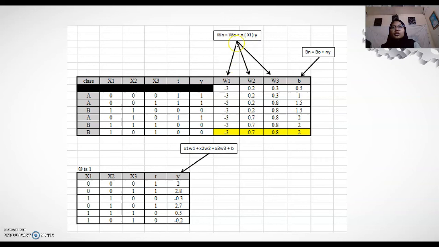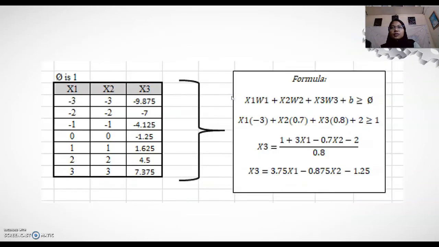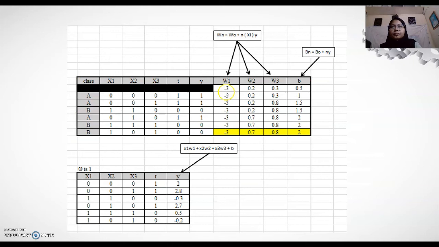The value of W old is the value from the upper row. Since this is the column for W1, X is X1 and Y is 1. So we get -3. The same goes for W2 and W3.